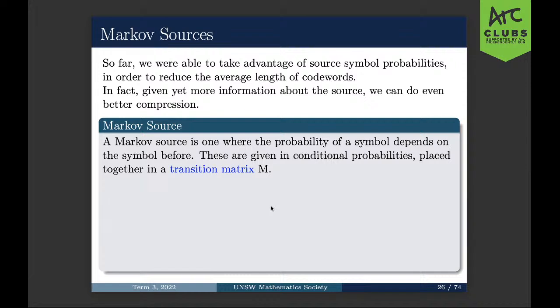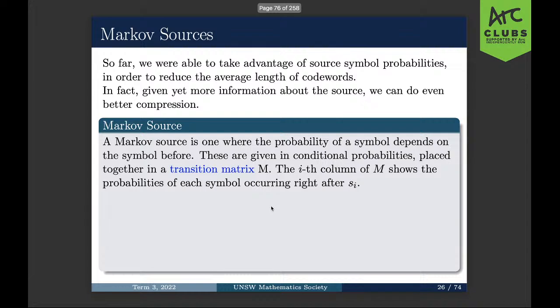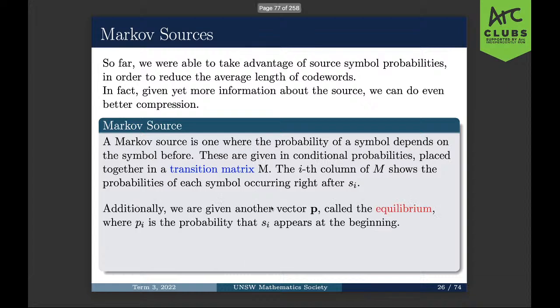And here's what it means. A Markov source is one where the probability of a symbol depends on the symbol that came before it in the message. So these are given in conditional probabilities placed together in a transition matrix called M. And the ith column of M is going to show the probability of each symbol occurring right after the ith source symbol.